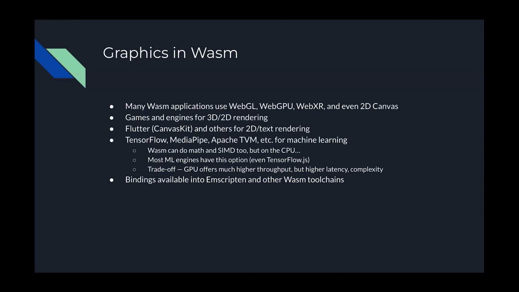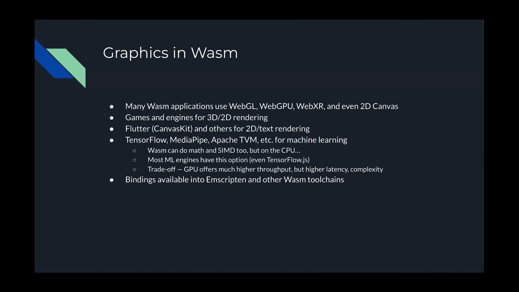And then there's a bunch of other frameworks for things like machine learning. It's very popular now. That's an interesting application because you can do this both on the CPU or on the GPU. Obviously, WASM has SIMD instructions, which are suitable for this kind of thing.